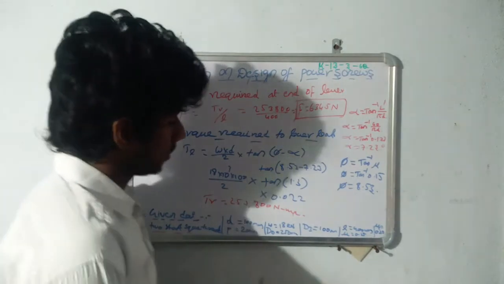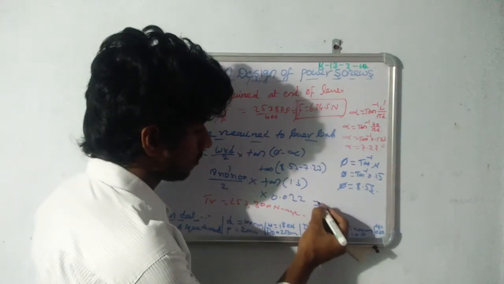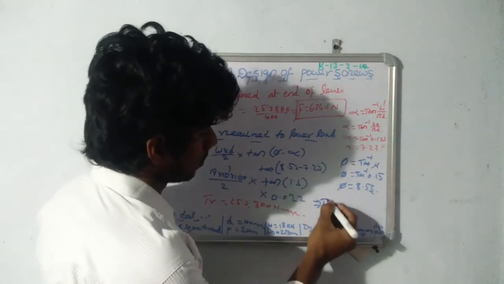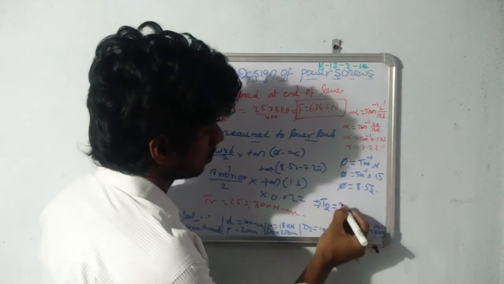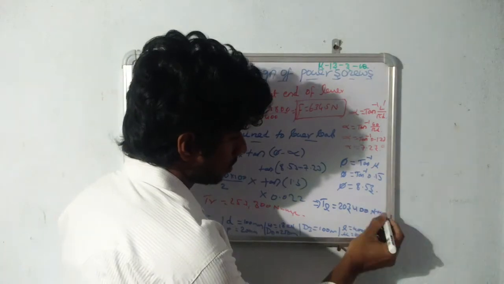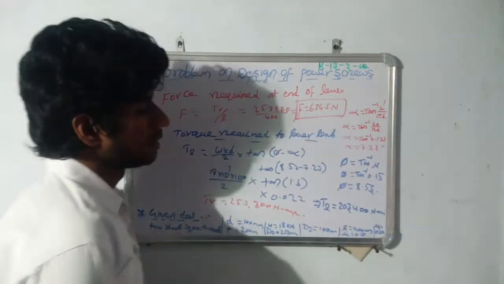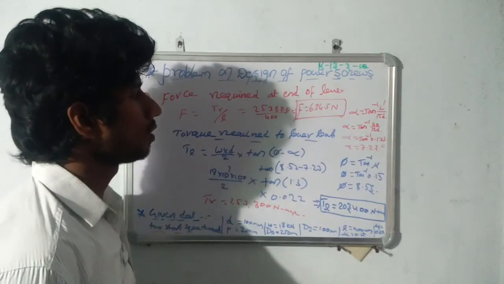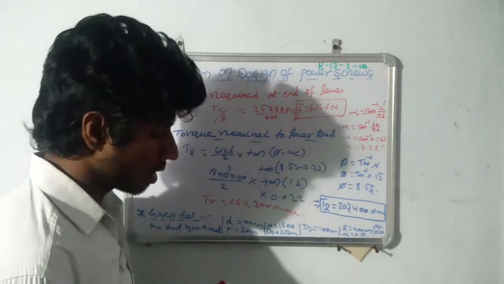By simplifying this, we get the value of TL, that is equal to 203,400 Newton meters. So this is the value of torque required at the lower end.